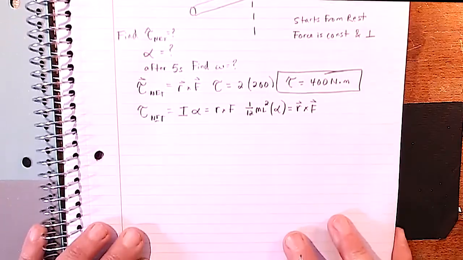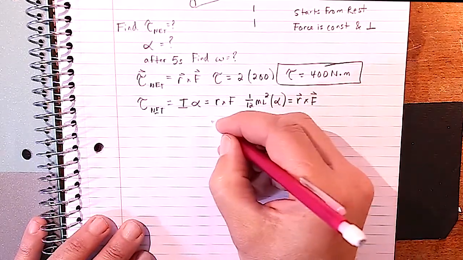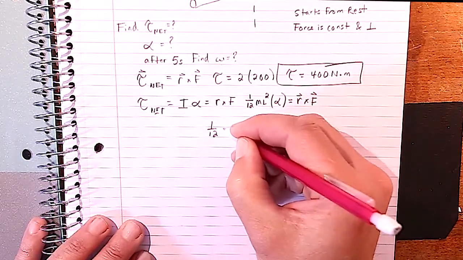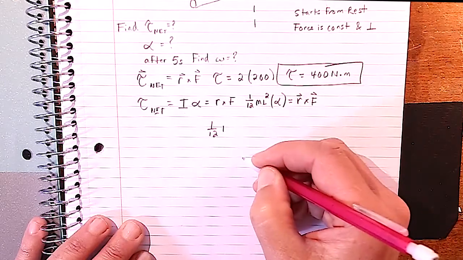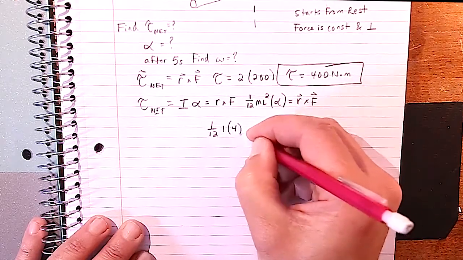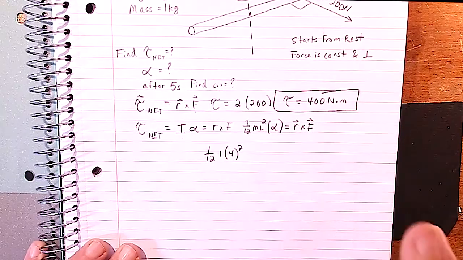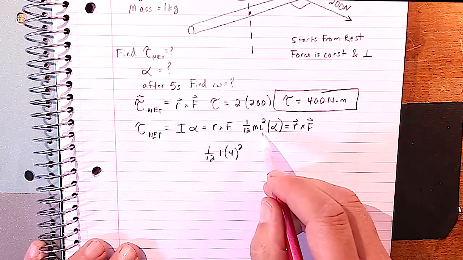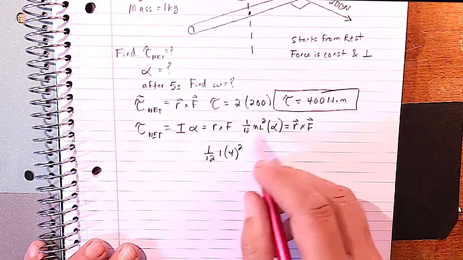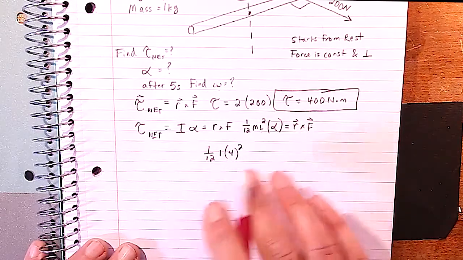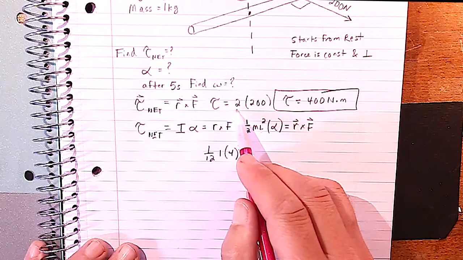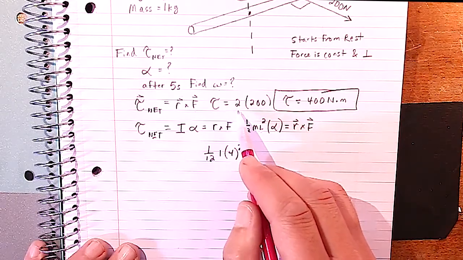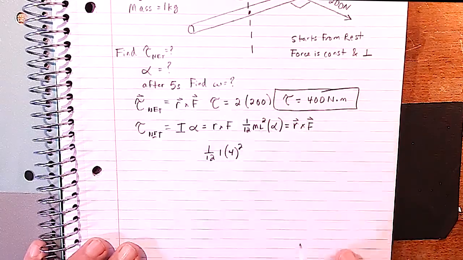So if we put our numbers in, we have 1/12, 1 kilogram was the mass, times 4 meters squared, because remember, and I've had a lot of students ask me this, L for the moment of inertia is the entire length of the bar, whereas before we were using half of the distance because that's where the torque was acting from.